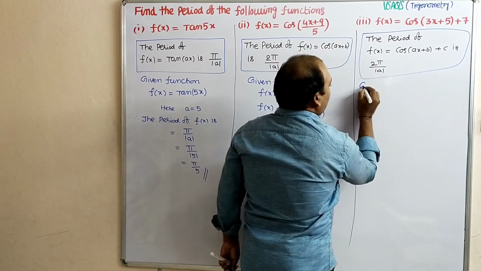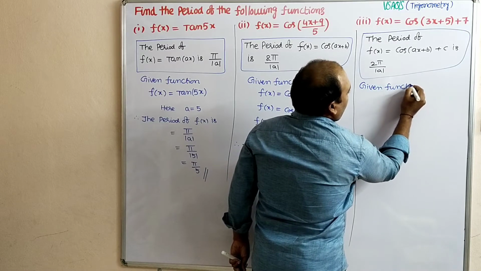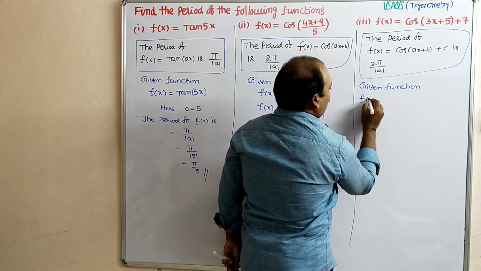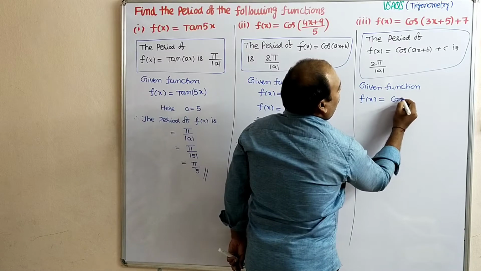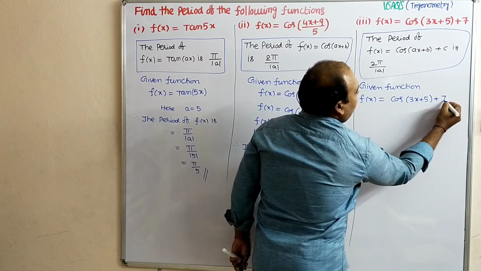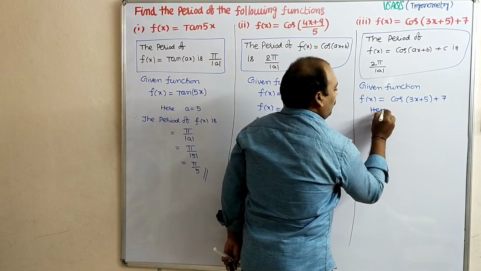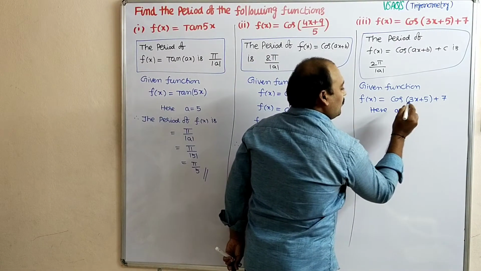Now here the given function f of x equal to cos of 3x plus 5 plus 7. Here the value of a you have to write. Here a equal to 3.